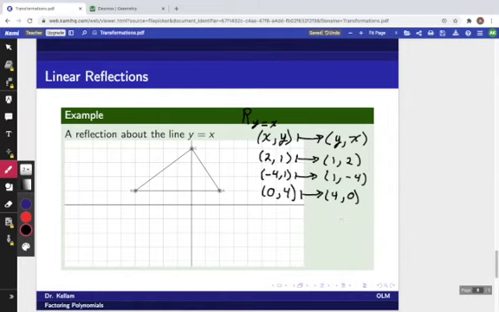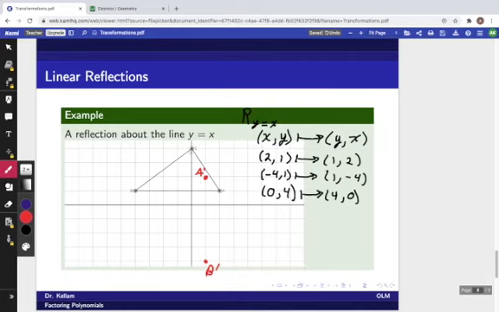Okay, so let's put this on our graph here. 1, 2, and that is my A prime. Then I have 1, negative 4, that is going to be this point here, and this is going to be B prime.